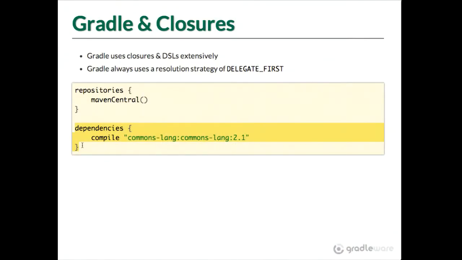That's because that set of things, and here compile refers to a configuration, which we can just think about as a bucket of dependencies. That is an open set in Gradle. I can have compile, runtime, intake test, foo, bar, however many of those that I want. So what's actually happening here is that call is a call to method missing. The implementation of that is looking and seeing, is there a configuration called compile? If so, then go and do that. Right. So used very extensively.